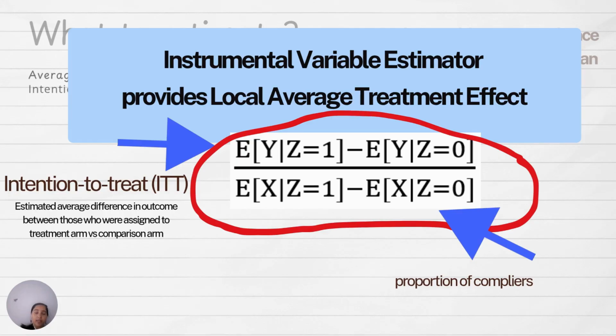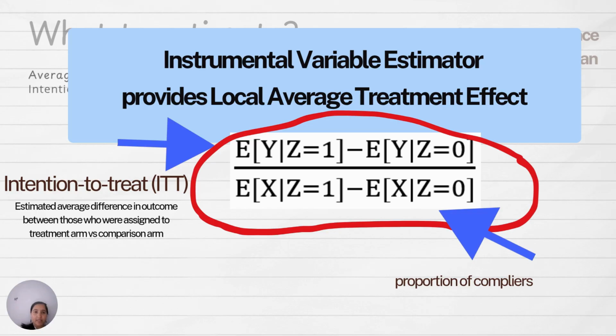However, when there is non-compliance among the participants, we have this denominator value less than 1. Because of that, there is an inflation in the intention to treat estimate. So we have different meanings of ITT and the instrumental variable estimator, unlike the earlier case when there was 100% compliance.